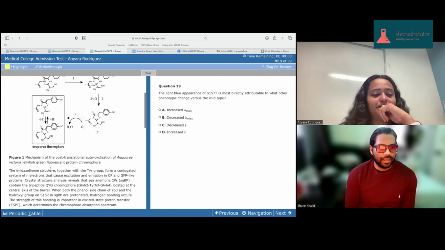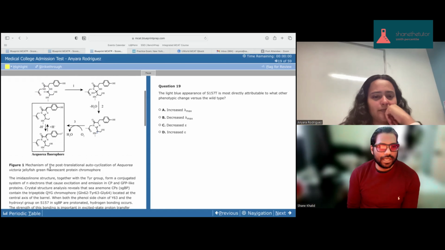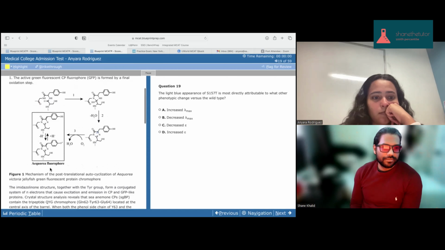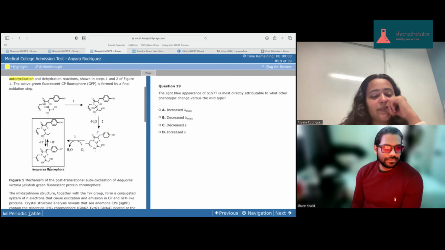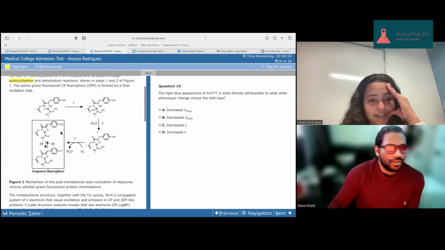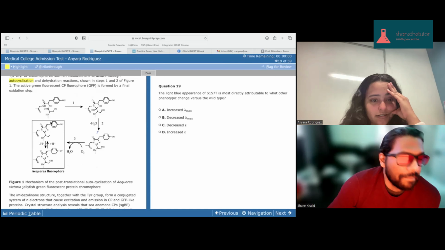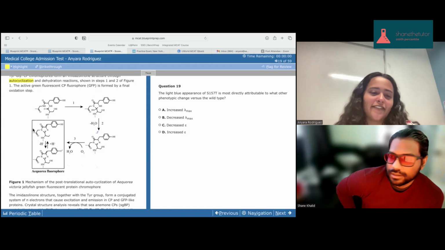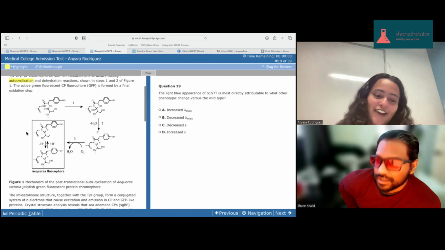And we can also see the amino acids that were mentioned, right? Tyrosine. Sometimes when I have these, I have difficulty tracking them.